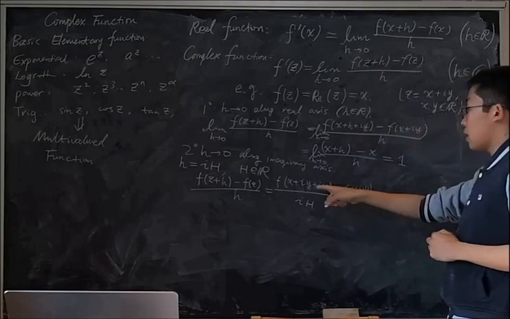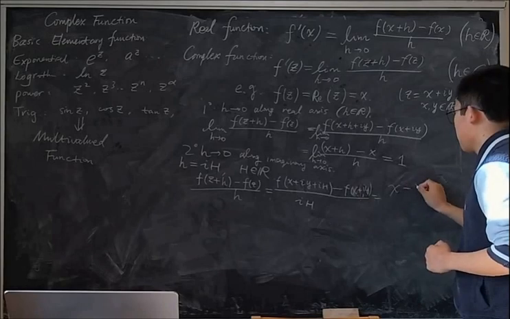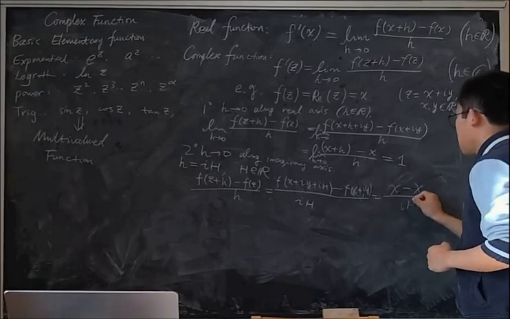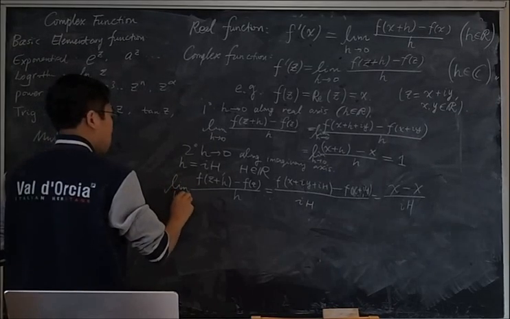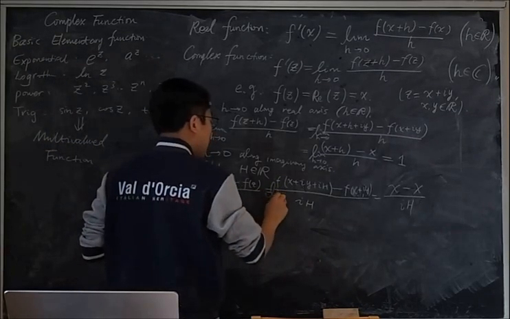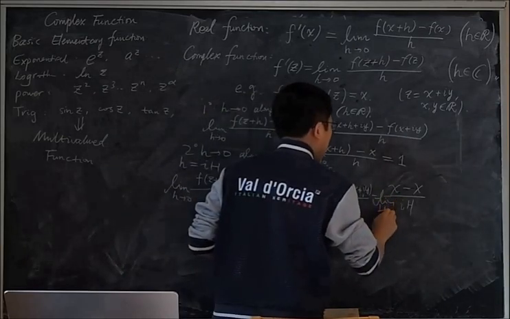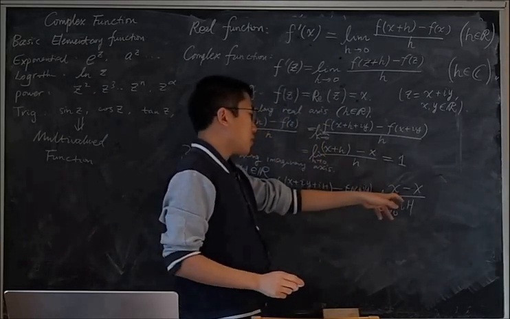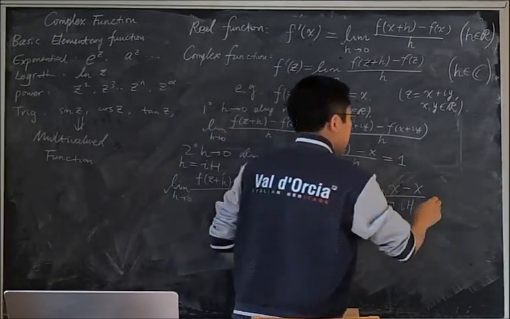So this gives x. This also gives x. Down here is iH. And if we take the limit of h approaches 0, which translates to this big H approaches 0, obviously the top part is already 0. So this limit is 0.